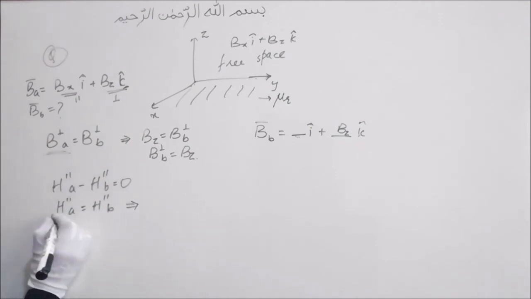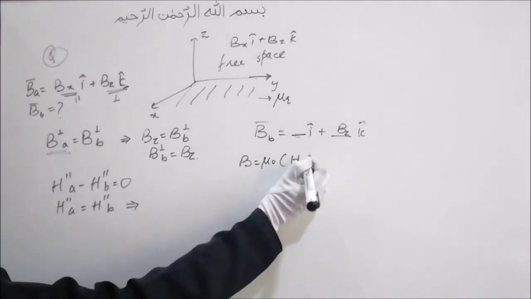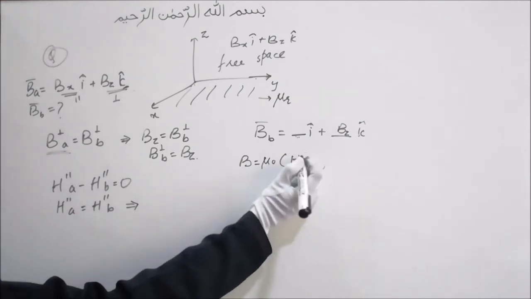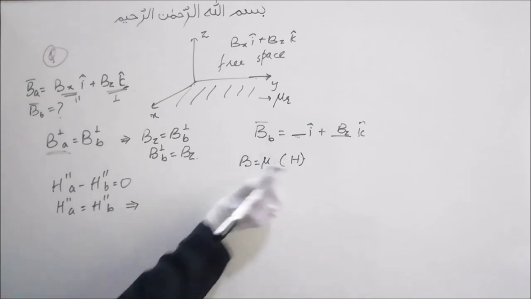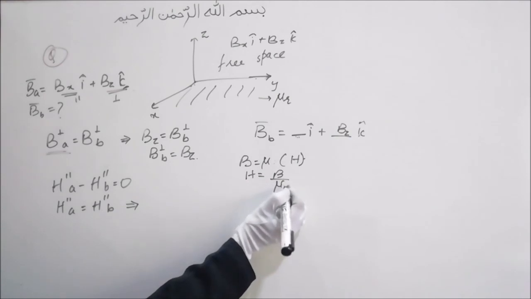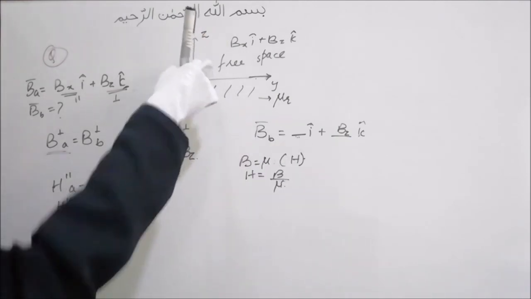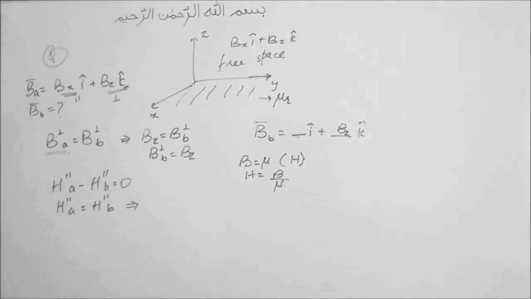Solving this, we have B is equal to mu naught times H plus M, right? So if you remove M, we will have only B equal to mu naught, or mu whatever it will be, mu into H. So H will be equal to B by mu. Mu will be mu naught in free space and mu will be mu naught into mu r in this magnetic material.